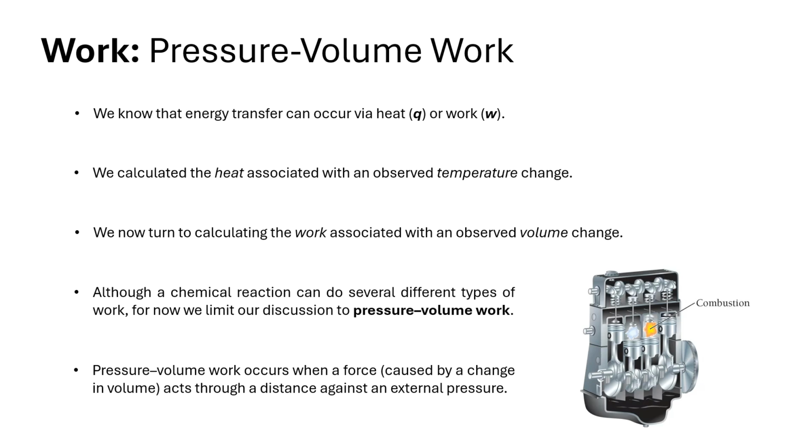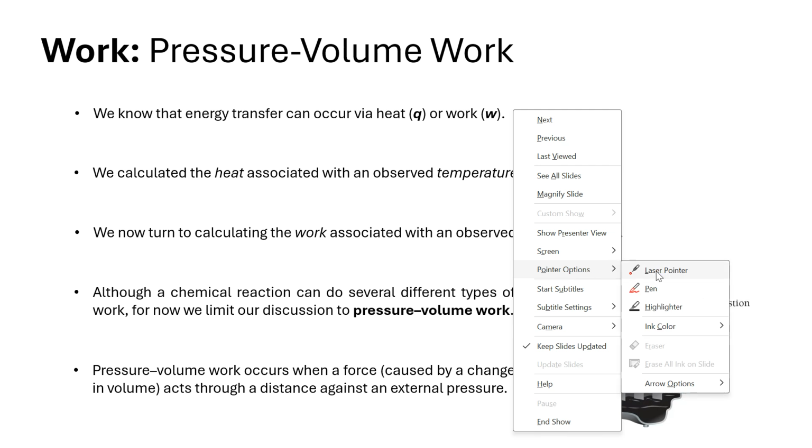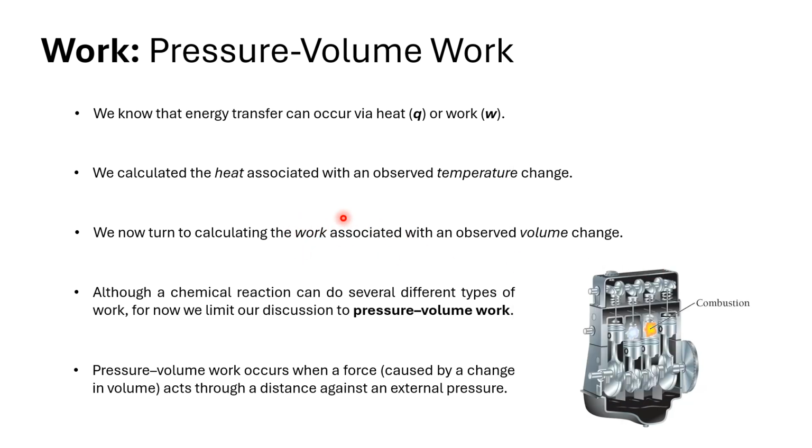We know that we can calculate the heat associated with a system based on some change in temperature, delta T in Q equals mc delta T. But now we can calculate work. We can calculate work associated with an observed volume change.